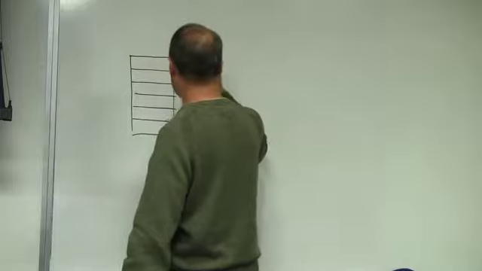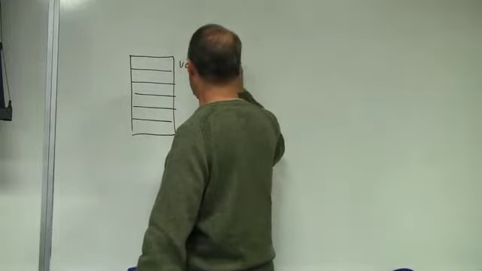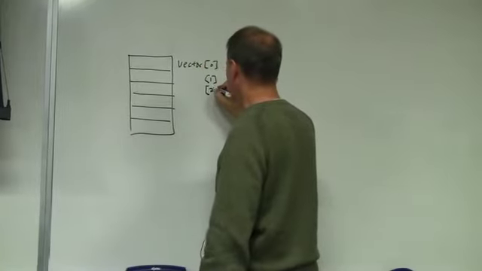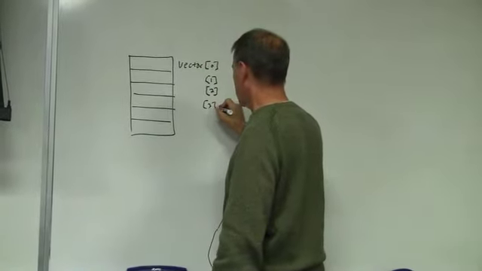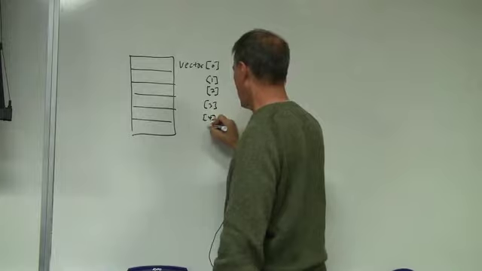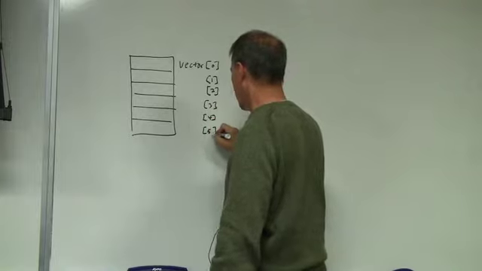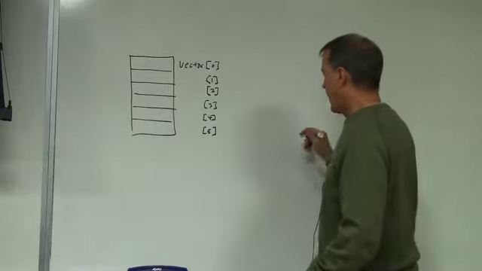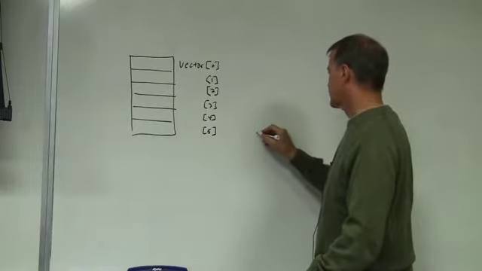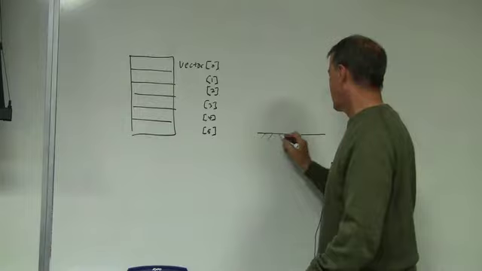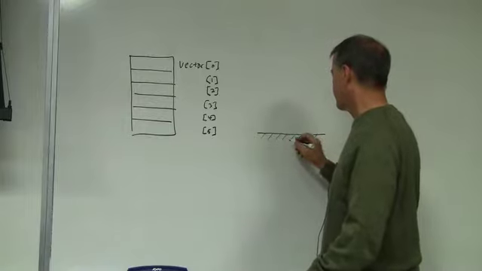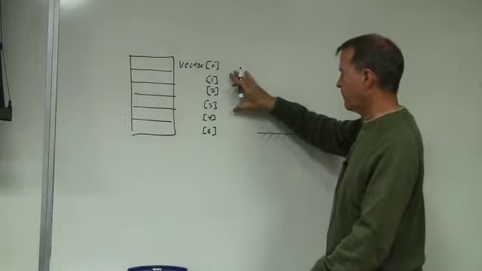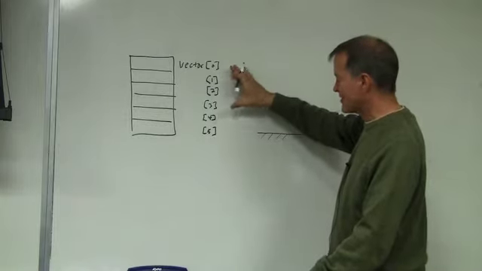So suppose this is vector sub 0, vector sub 1, sub 2, sub 3, sub 4, and sub 5, right? And we have this vector, let's just say it's global.